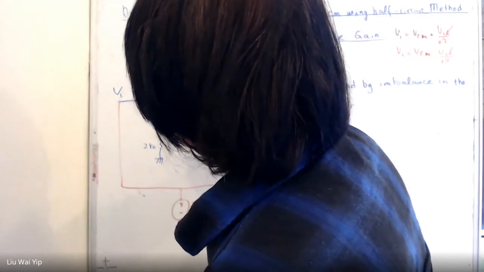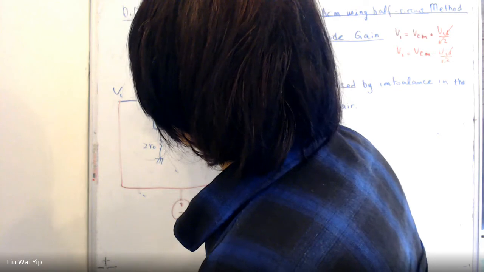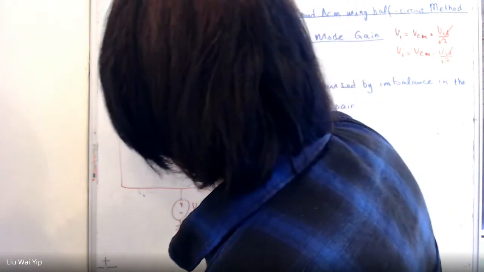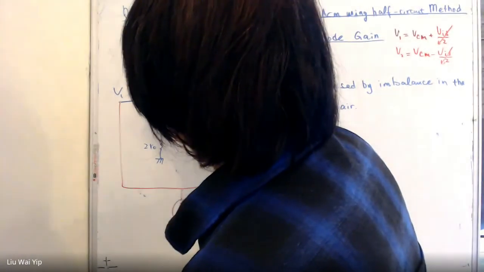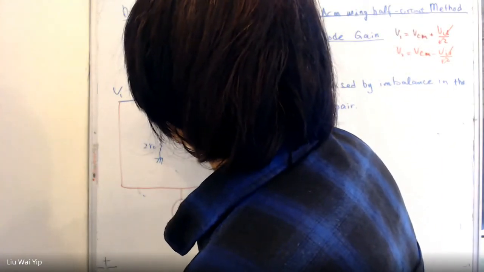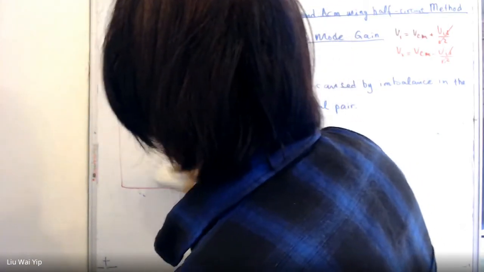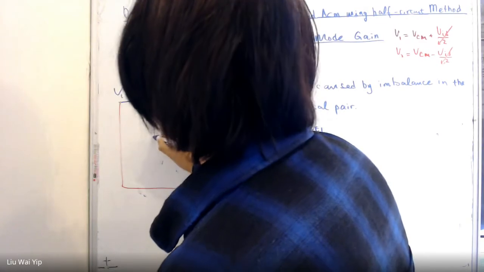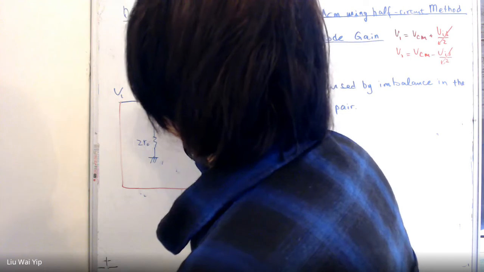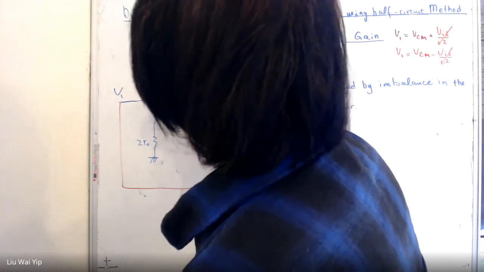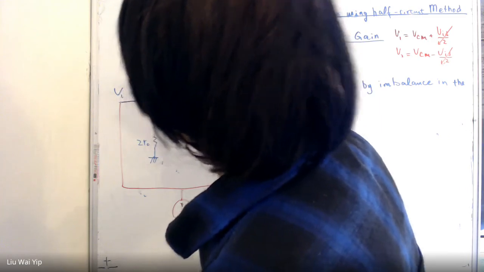And we have IC, and we have 1/gm, and RO. And the output will be captured from here, VO1.